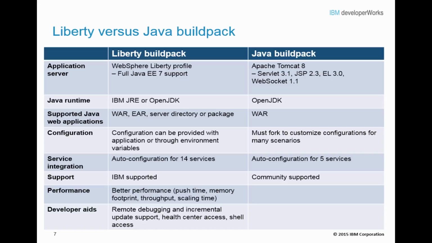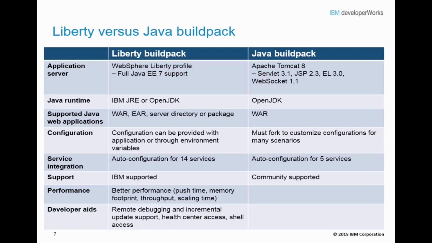Liberty build pack runs on WebSphere Liberty Server and supports full JEE 7 platform, whereas the Java build pack runs on Apache Tomcat 8 and supports certain select JEE 7 technologies, for example, Servlet 3.1, JSP 2.3, EL 3.0, WebSocket 1.1.